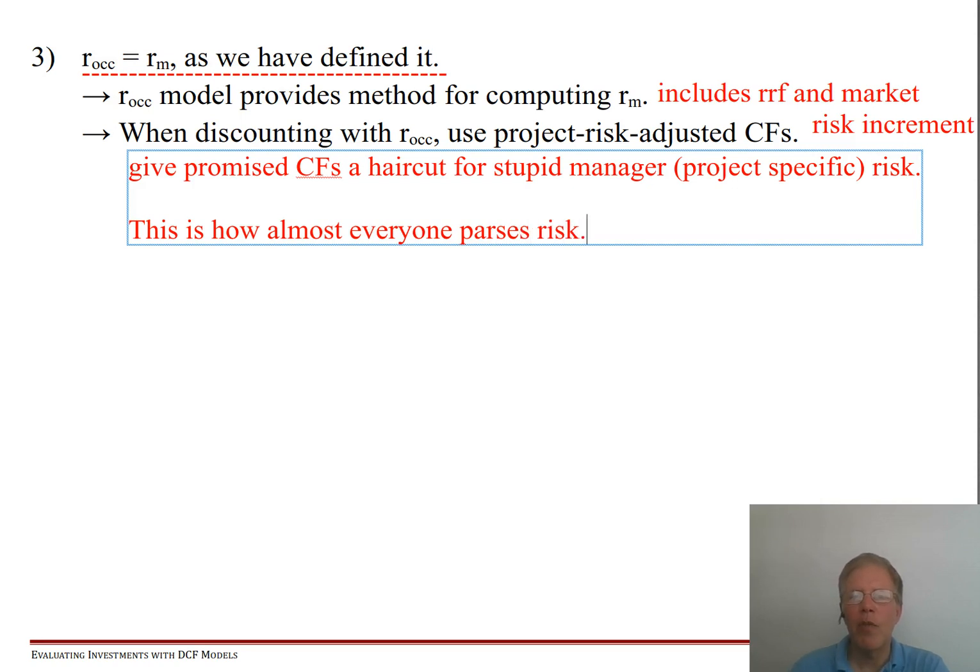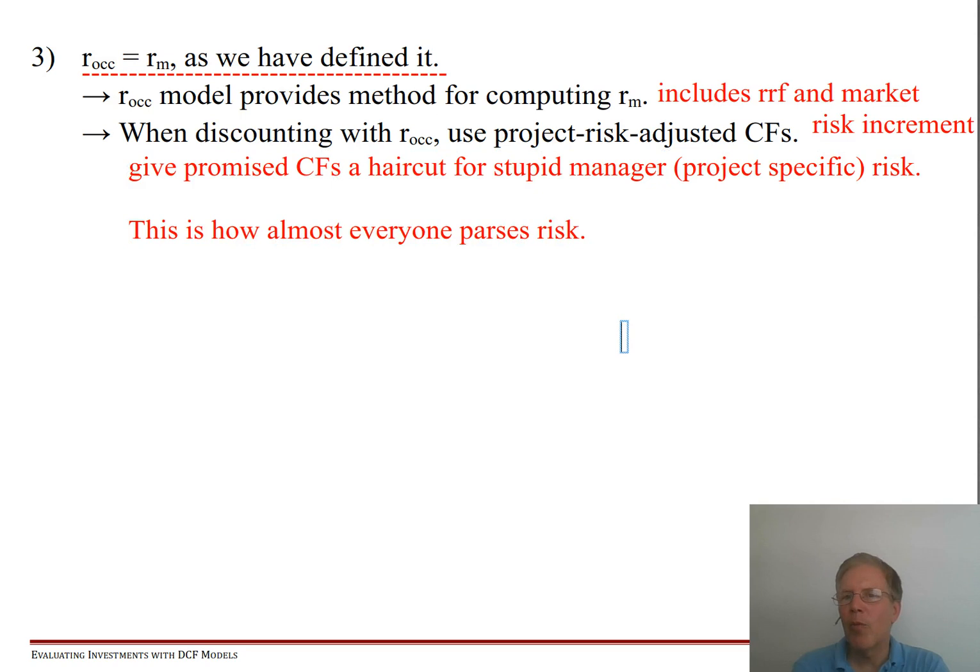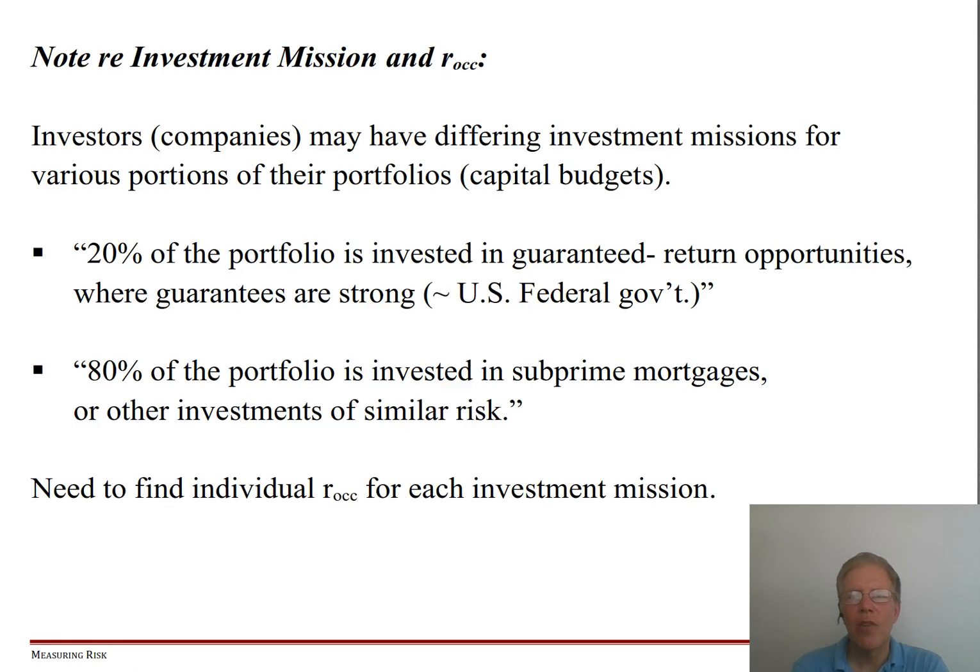Okay. And as I've said before, virtually everyone uses project risk-adjusted cash flows and puts everything else in the discount rate or the interest rate.